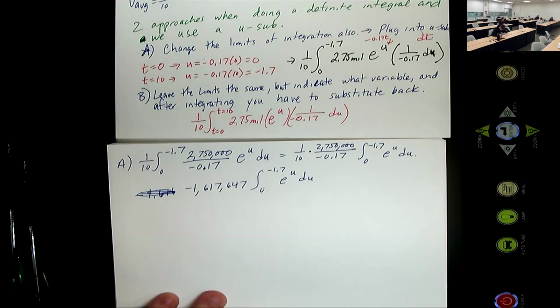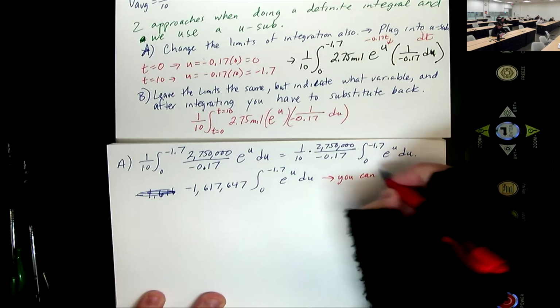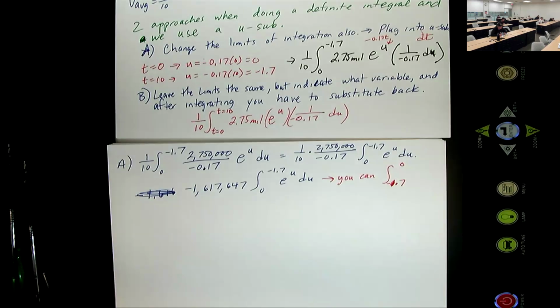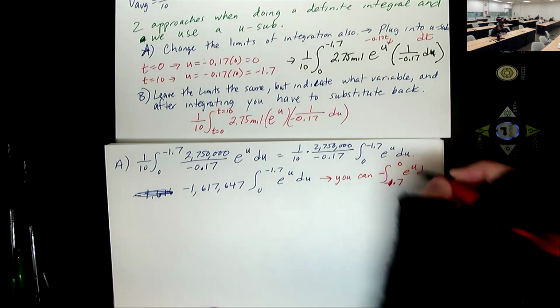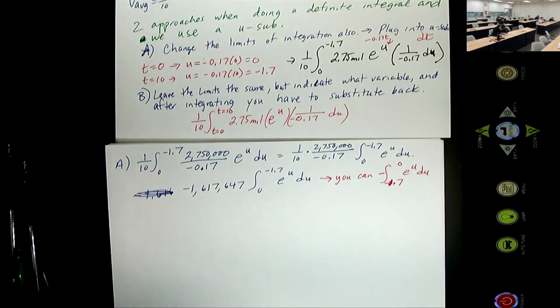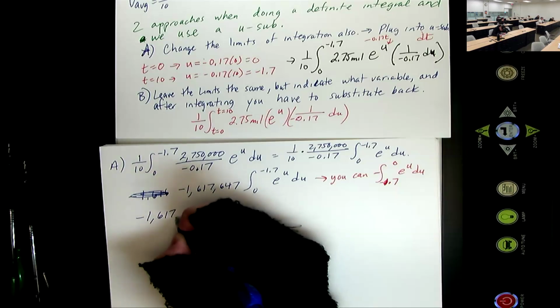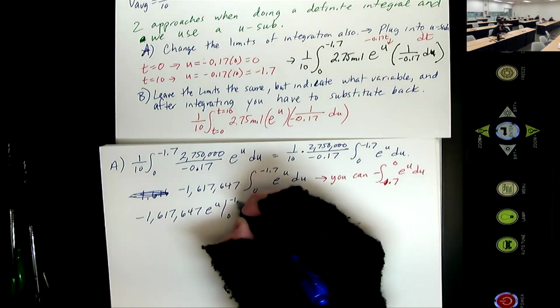You have the option to change that order and put the negative 1.7 on the bottom and 0 on top, so that it's going from lowest on bottom to highest on top, if you put a negative out front with it, which would make this positive, but you don't have to, and I'm not going to. I'm just gonna leave it alone, I'm gonna integrate. And we get e to the u evaluated from 0 to negative 1.7.